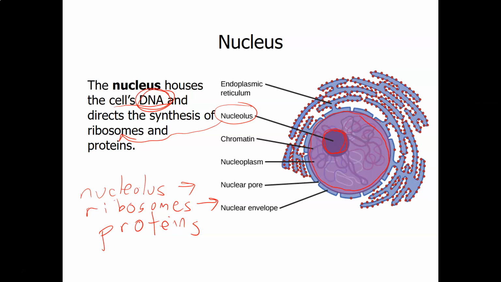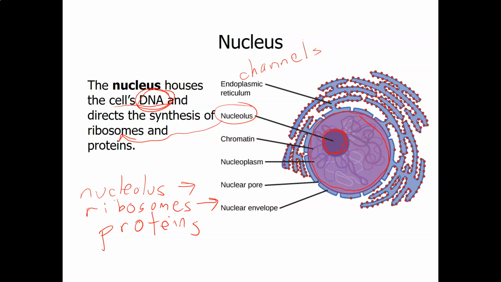All right. We also have endoplasmic reticulum, which is a system of channels, kind of like in a factory, the conveyor belts and different regions of the factory where different parts are made.